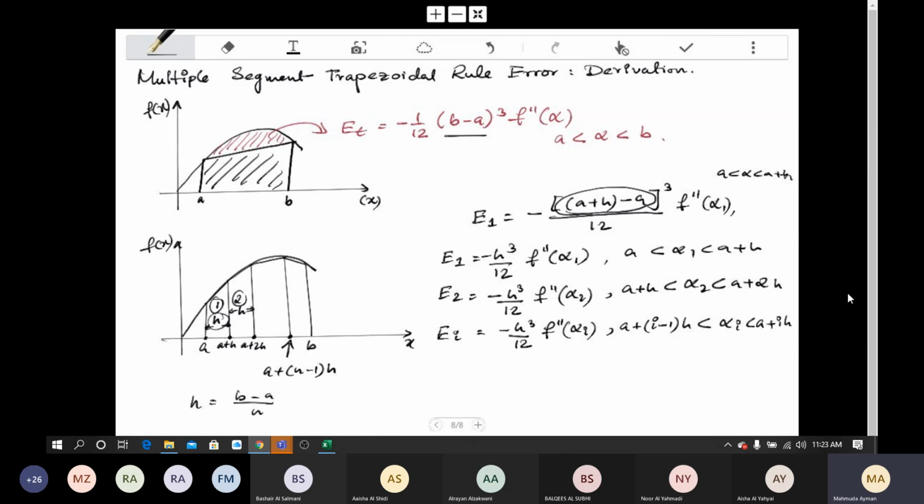Okay, so that's b actually. So yeah, that's the general formula. You can say the general formula for true error of the multiple segment rule is this one here.